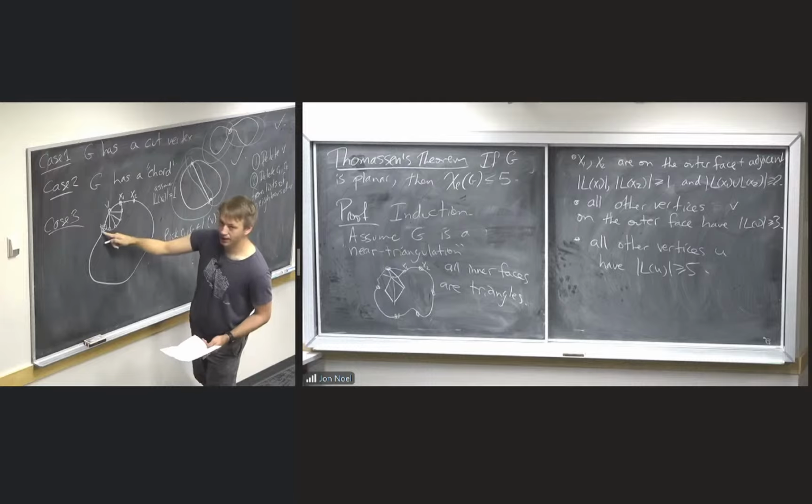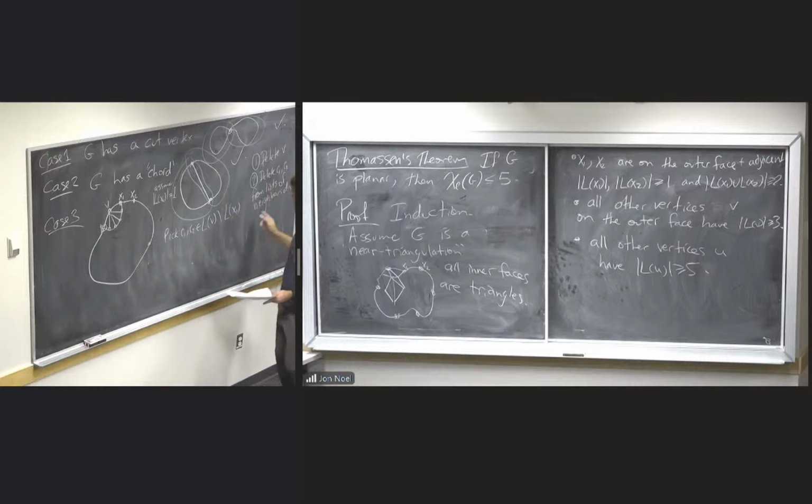So this one can have C1 and C2. So I delete C1 and C2 from the lists of the neighbors of V in the interior. If I call this one W, W could still have those colors.